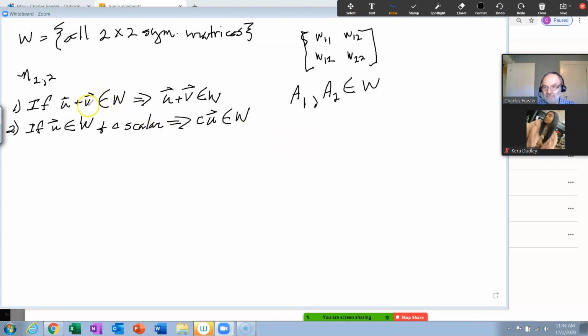Now, to do this first one, remember this is acting like vectors, but vectors can be any of these things: matrices, functions, polynomials. There's just a bunch of things that can be, and the same thing holds here. So A1 plus A2 also has to be in W. I wish they hadn't used A's, but they did.